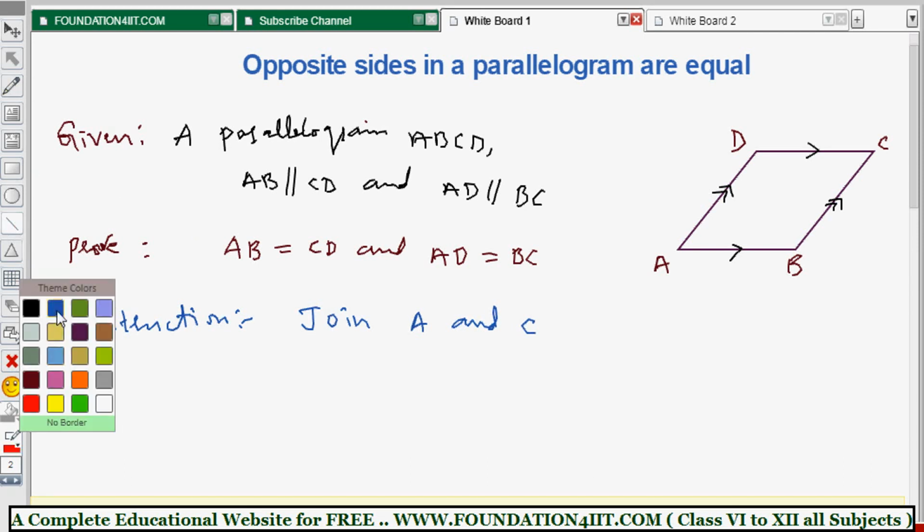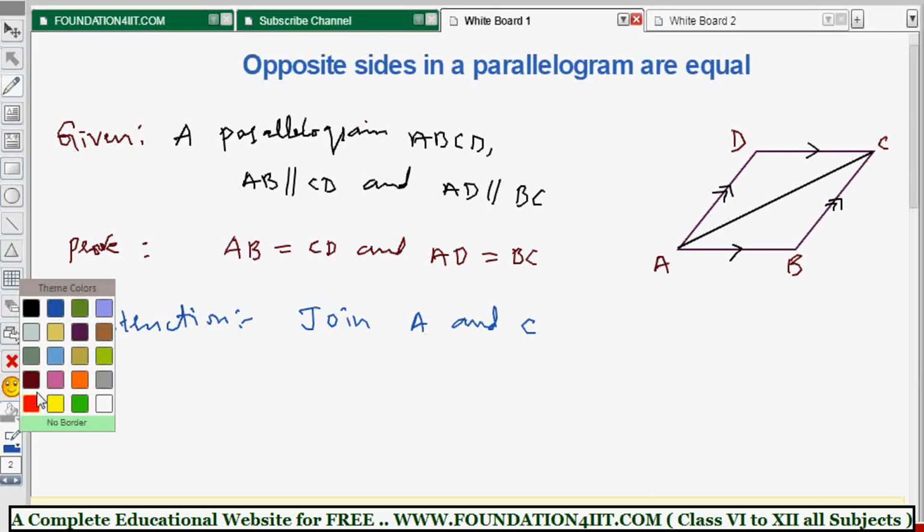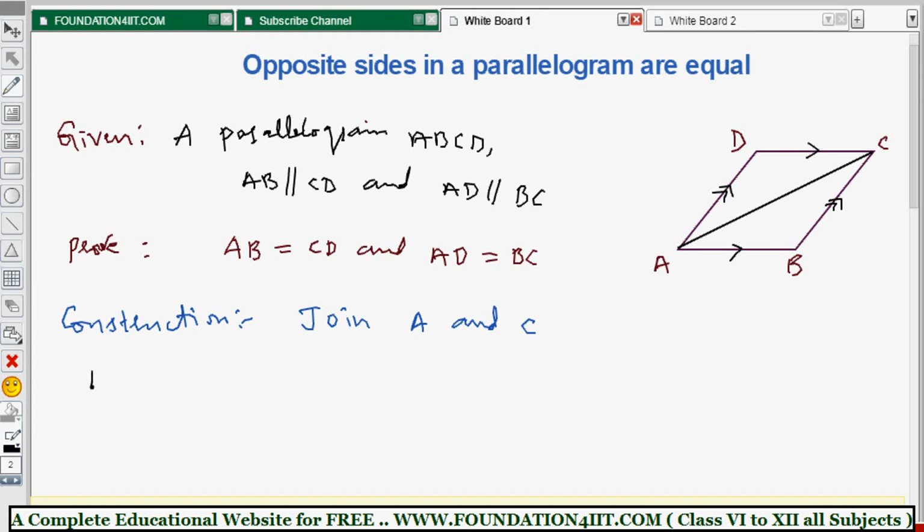So observe here, from A to C, AC is joined. Now ABC is a triangle and ACD is another triangle. So this is the construction, joining A and C. Then we can do the proof.